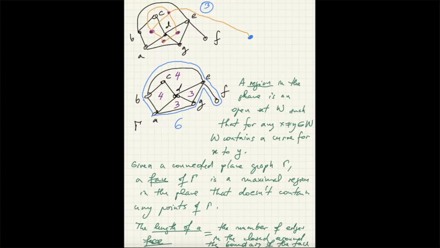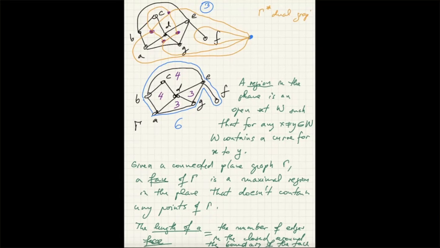Now we have another edge here, BA, another edge here, HG, and then we have a loop because the edge EF separates the outer face from itself, so you get this multigraph. This is called the dual graph, denoted by gamma star.